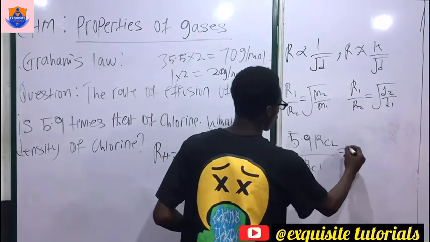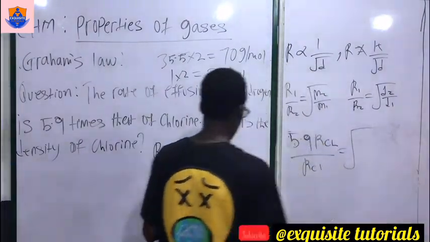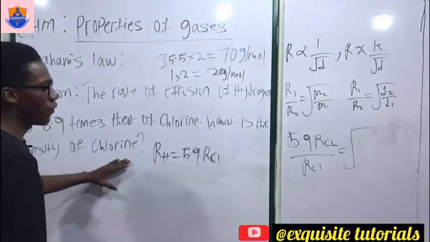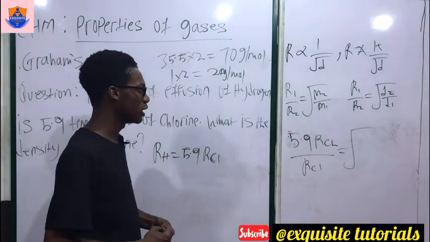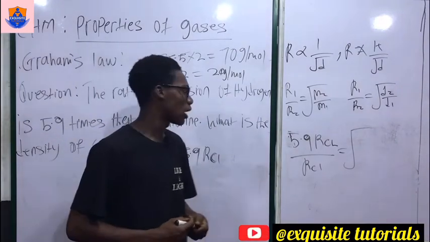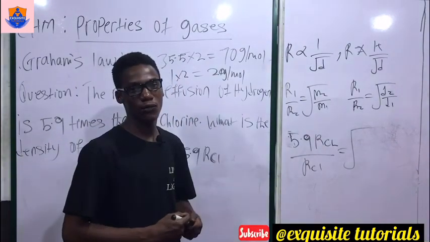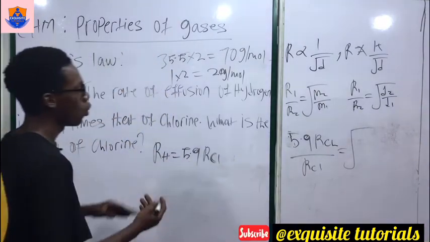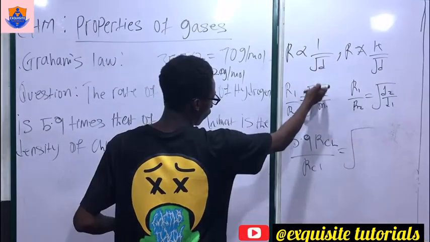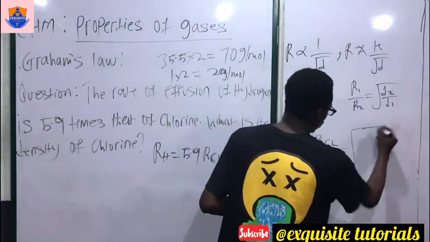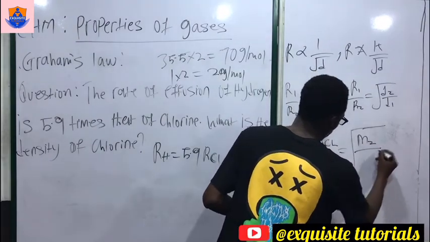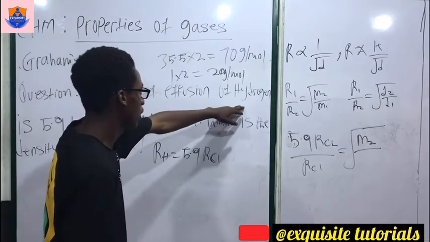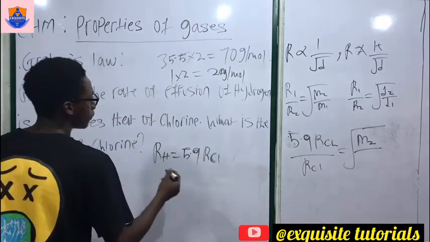So now it is equal to root. Now they ask what is the density of chlorine? If they are asking for the density of chlorine, which is M2 there, we will assume that the molar mass of chlorine is unknown. So let's make our M2 unknown over M1, which is the mass of hydrogen.